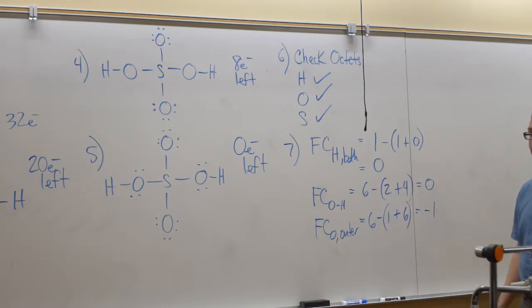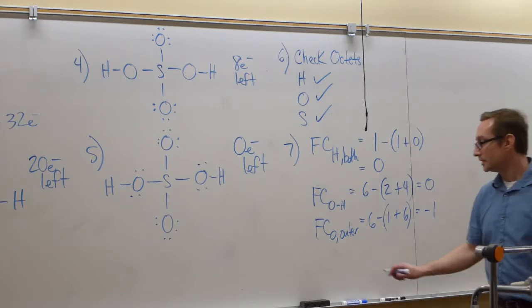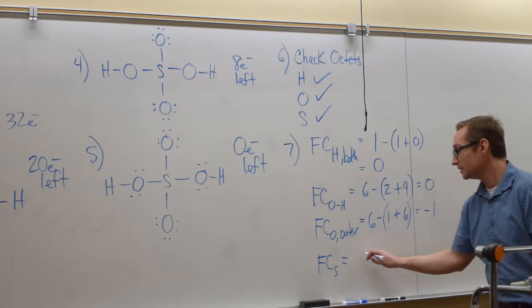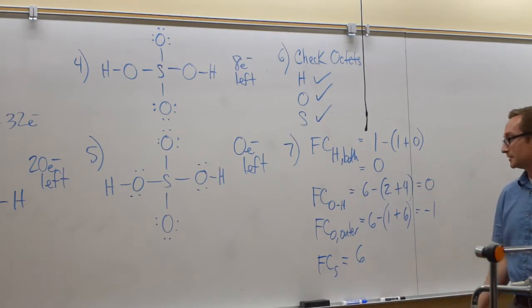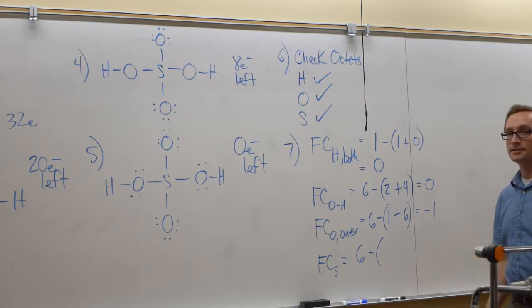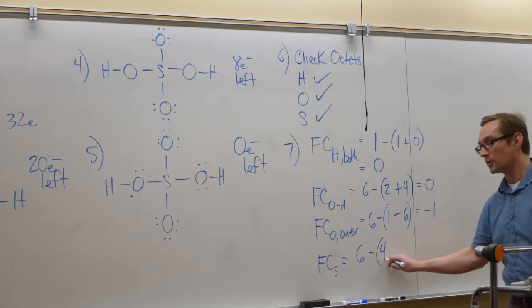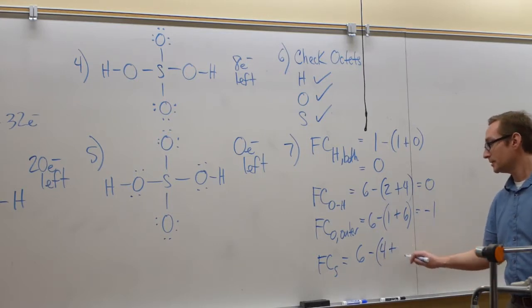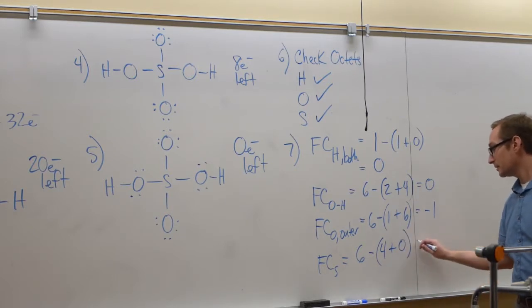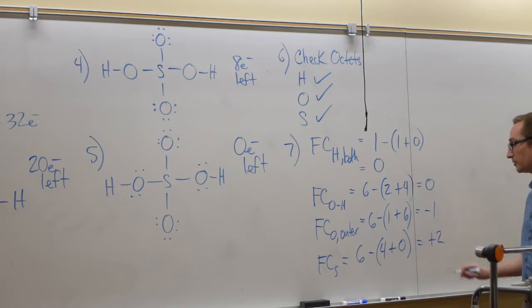So I've got a -1. What about the sulfur? Group number 6 minus, how many bonds? 4 bonds. How many dots? 0 dots. I have a +2 formal charge.